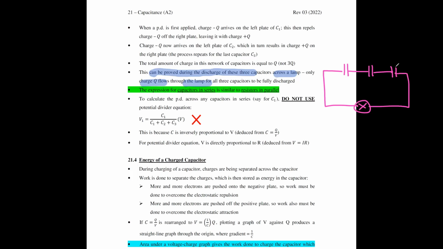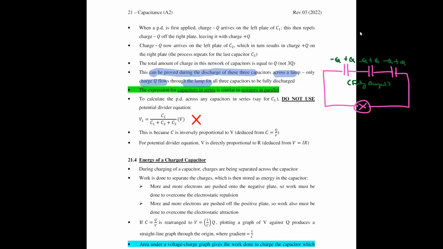Okay. So here is negative Q, positive Q, negative Q, positive Q, negative Q, positive Q. You take the fully charged capacitors in series and connect it to a lamp. What you'll notice is that only a charge of Q will flow through your lamp.